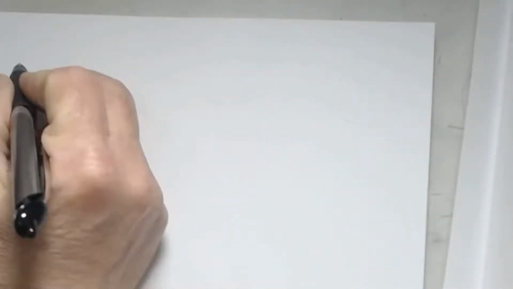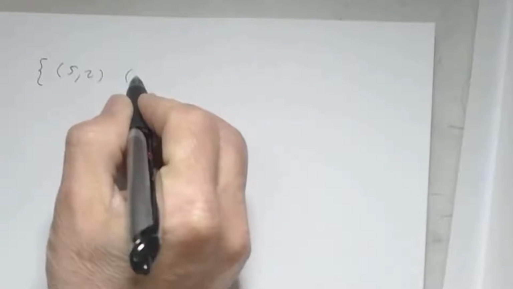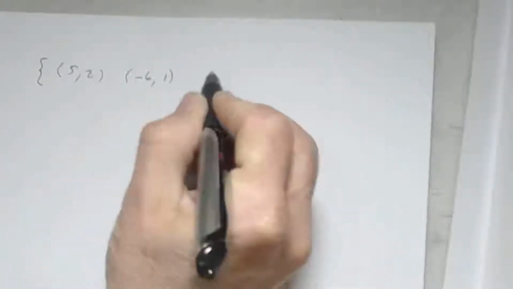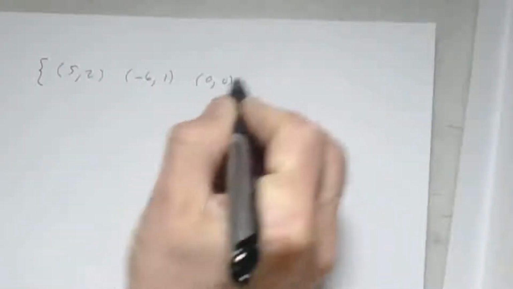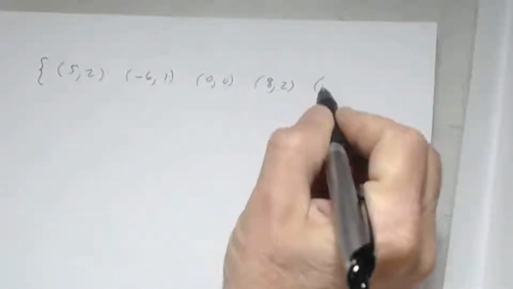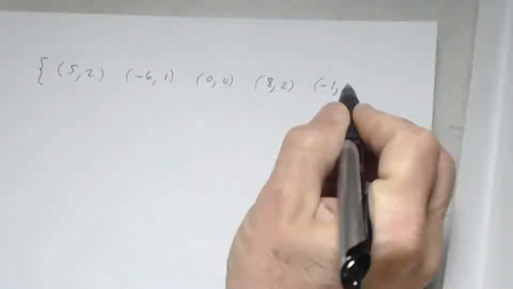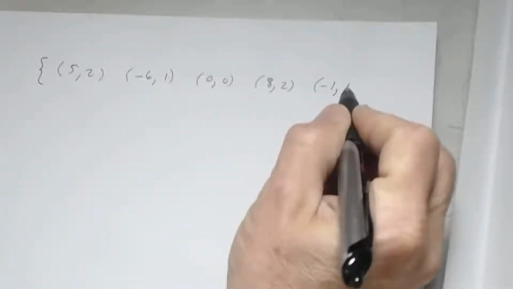And so, remember we're given a set of ordered pairs. So let's say you had the ordered pairs (5, 2), (negative 6, 1), (0, 0), (8, 2), (negative 1, 5).